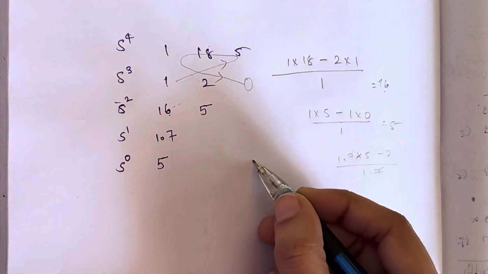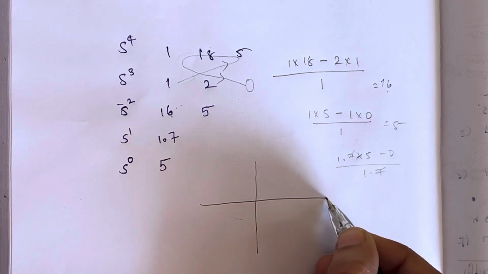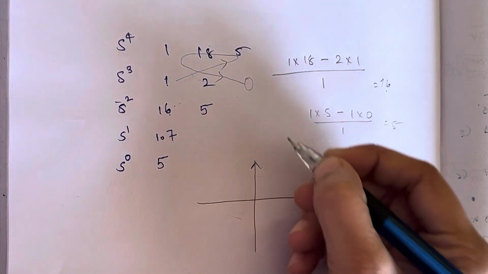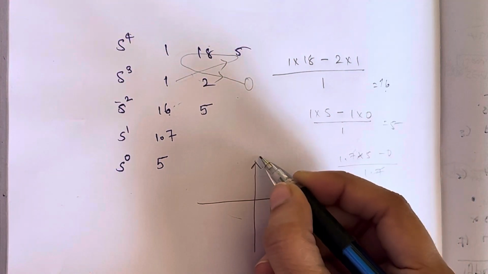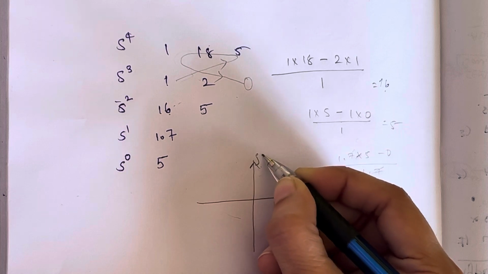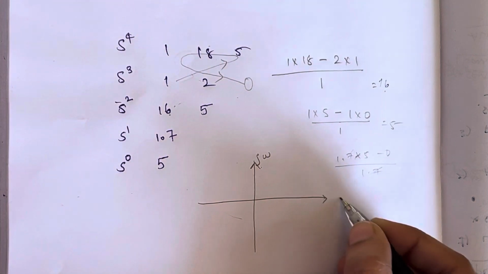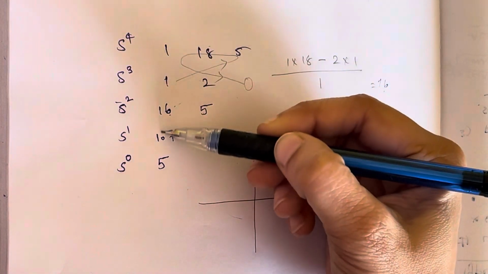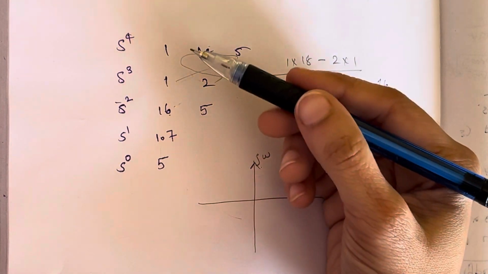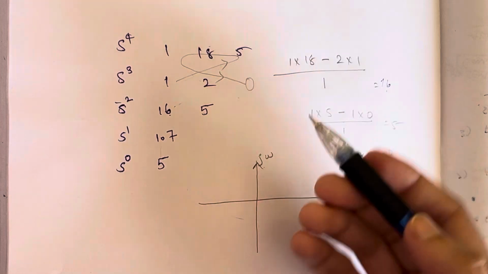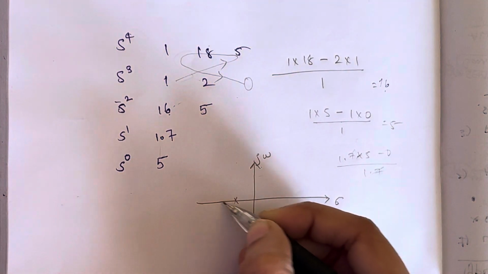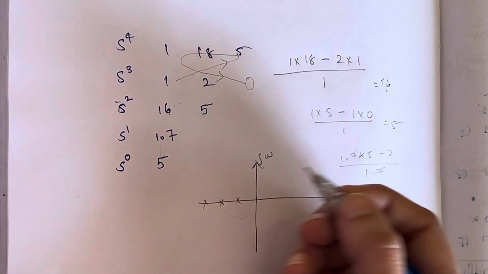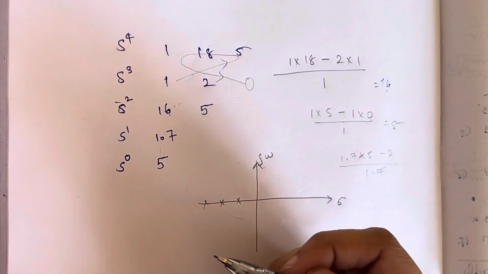This is the imaginary axis and this is the real axis. So with no sign changes, all the poles are on the left side, which means it is a stable system.